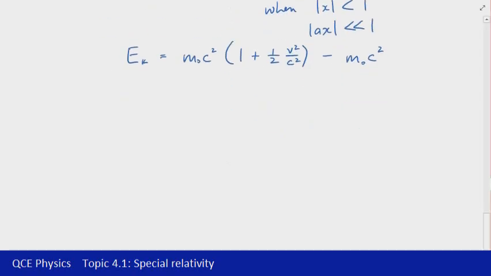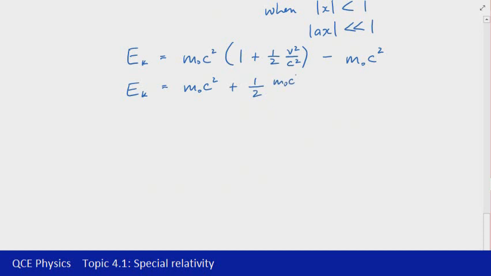If we take that expression now and expand it, we'll have that Ek is equal to m naught c squared plus 1/2 of m naught c squared multiplied by v squared over c squared, minus m naught c squared. Now you'll notice that we've got m naught c squared at the front and m naught c squared at the back.